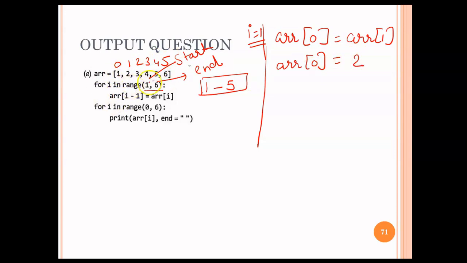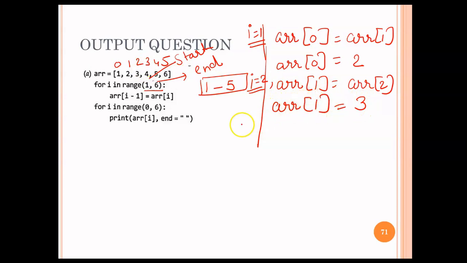Now again it will go up and increase the value of i by 1, so i will become 2. Now arr[2-1], which is arr[1], is equal to arr[2]. Now arr[2] is what? 0, 1, 2, so arr[1] will become 3. Now again, i is equal to 3.